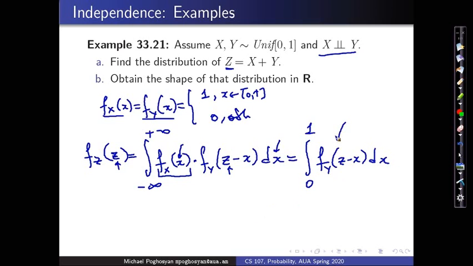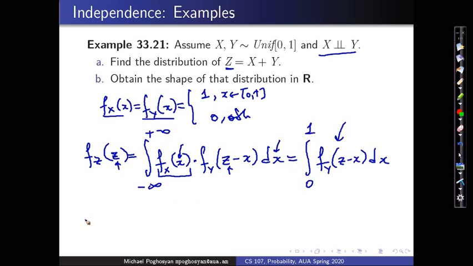Well, the problem is that if I plug in z minus x here, for some values it is 1, otherwise it is 0. So I need to integrate over those values where it is 1, and I need to intersect that range with 0, 1. That is maybe the hard part of this problem.